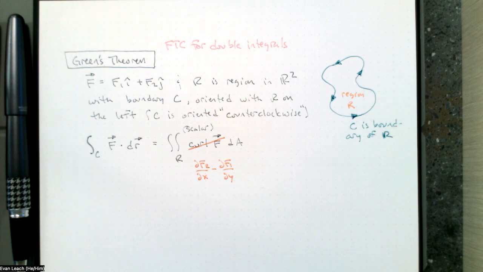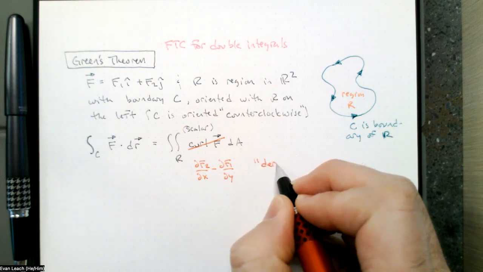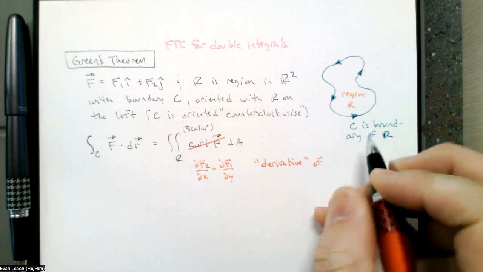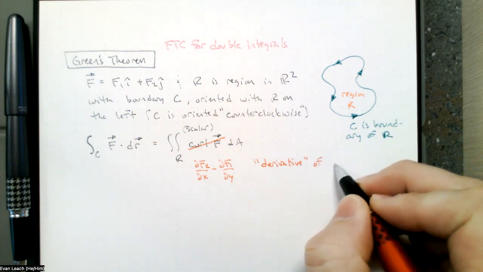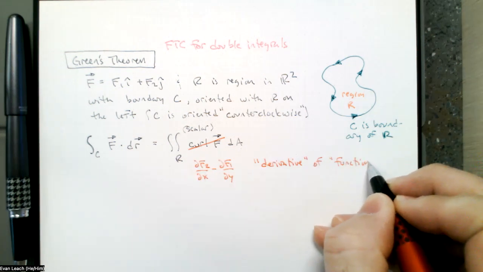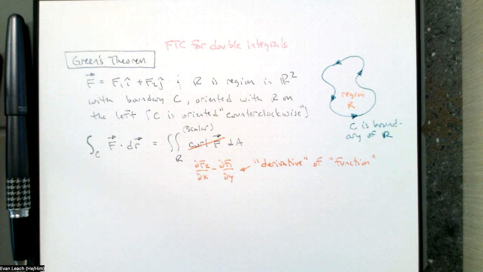In the structure of a fundamental theorem of calculus, the scalar curl is acting as the "derivative." I'll put that in quotes because it is very fishy to phrase it this way. So that scalar curl is acting as the derivative of our function, which is the vector field.